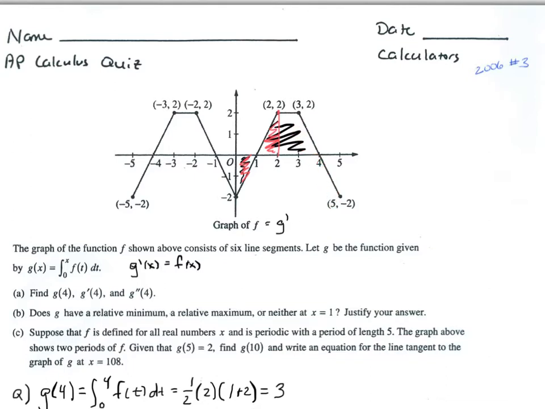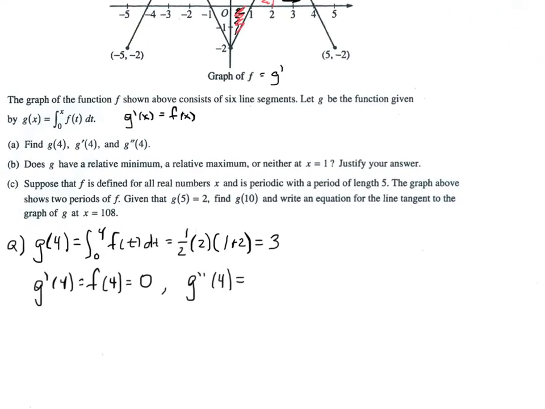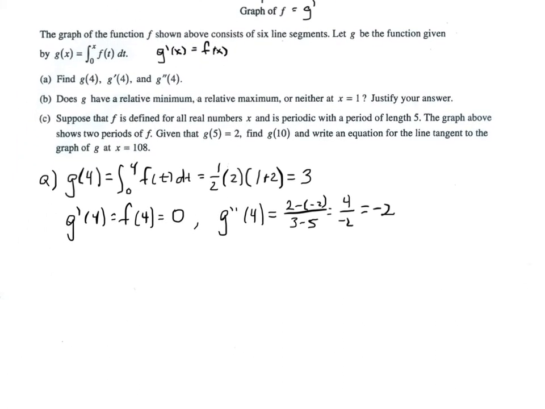So the slope would be the change in y over the change in x. So we would do (2 minus -2) over (3 minus 5), which is -2. Okay, so now we're done with part A.